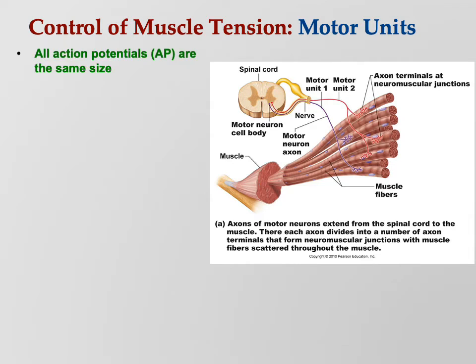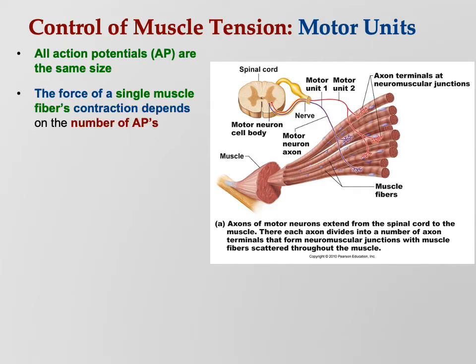Well, you might think, okay, so if you need more power to a muscle, use a bigger action potential. Turns out all action potentials are the same size, so that doesn't work. Well, the force of a single muscle fiber's contraction depends on the number of action potentials. So think about, again, a single muscle fiber, a single muscle cell. If we send one action potential in one second, then we'll get one contraction.